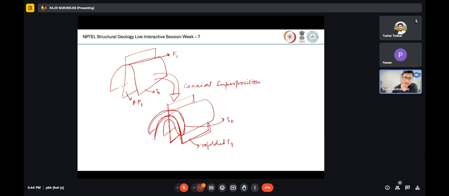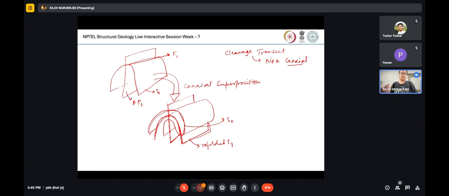So coaxial deformation will produce parallel axial planes, but cleavage transection is non-coaxial. That means these two cleavages will not be parallel in that case.